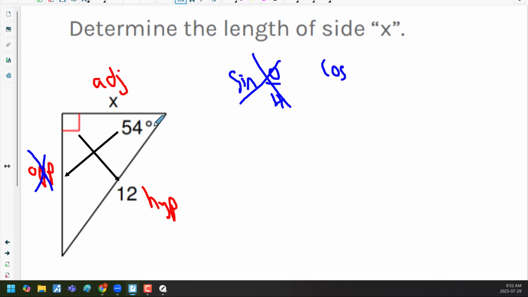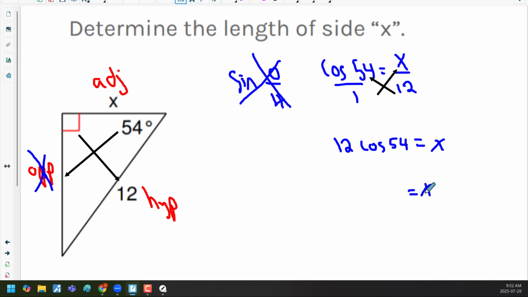So cos 54 is equal to adjacent x over hypotenuse, which is 12. And we're going to crisscross. This is going to be 12 cos 54 is equal to x. If you do that right in your calculator, it should be close to 7. So that's the answer, 7.